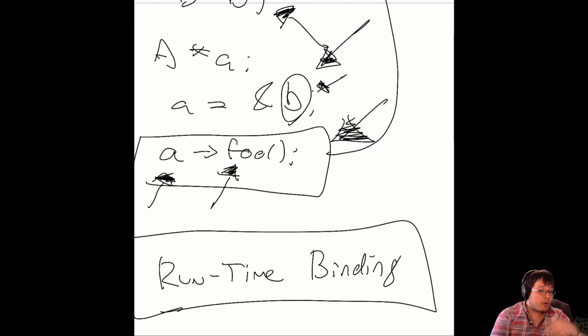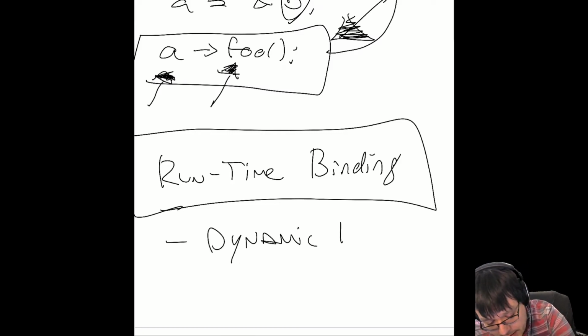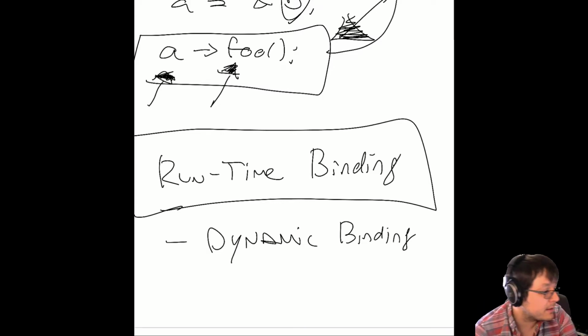Another name for runtime binding is dynamic binding, which is kind of the opposite of static binding. And there's also another one which the book says is called late binding.